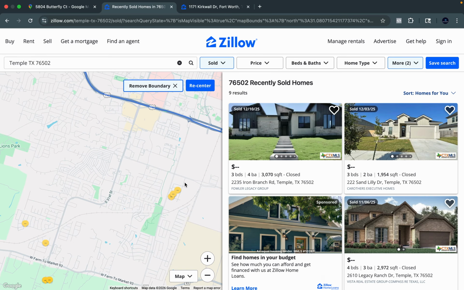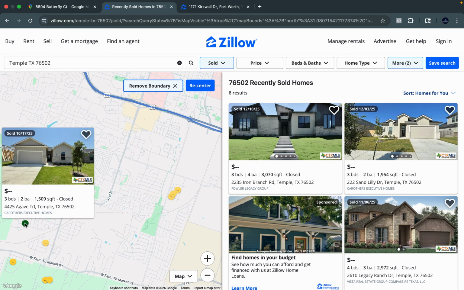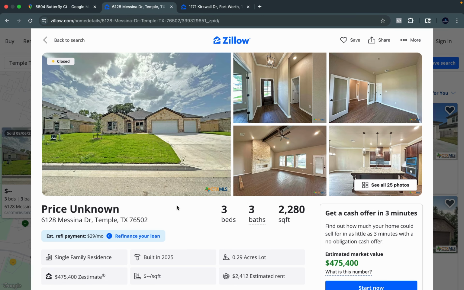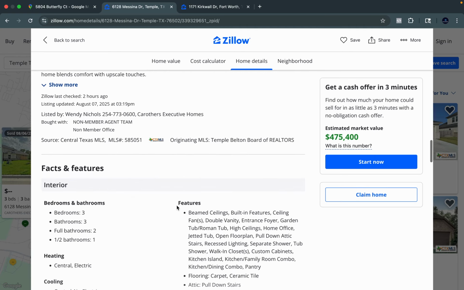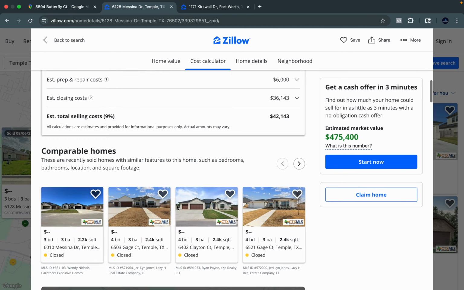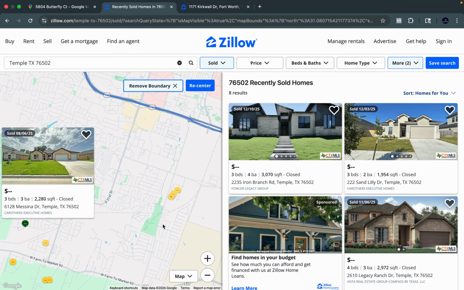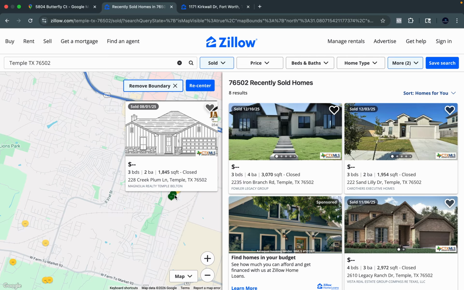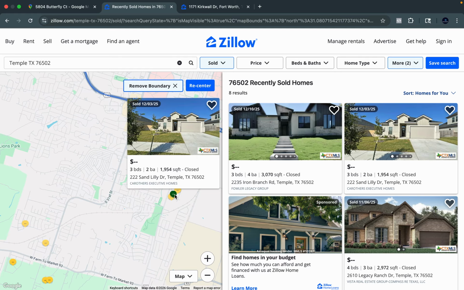So these right here are pretty much a good base of what the comps would go for. Realistically speaking, I think the highest you could potentially get would be $475,000. So typically the range for homes like this would be roughly $350,000 to $475,000, within that range.